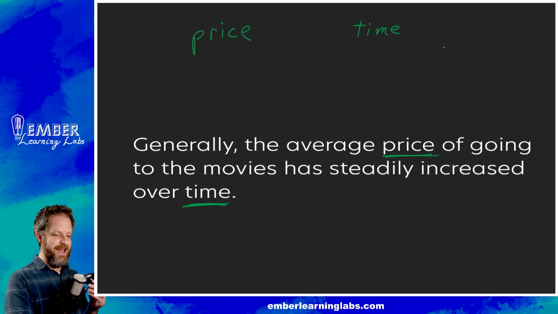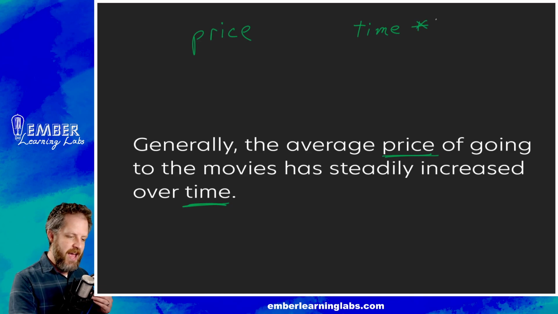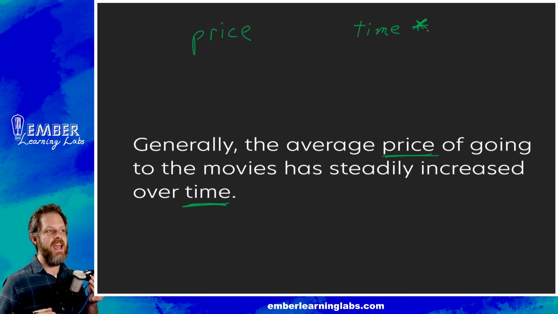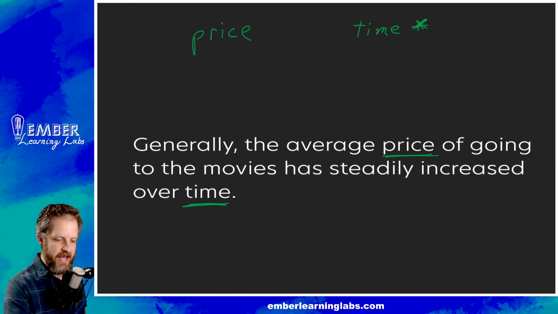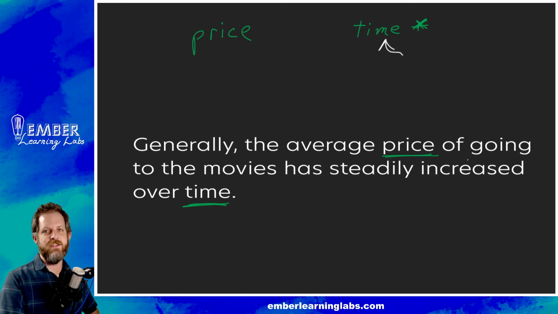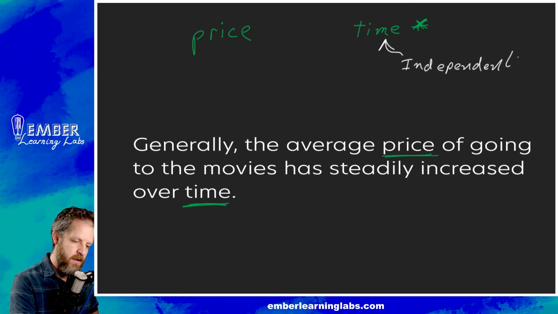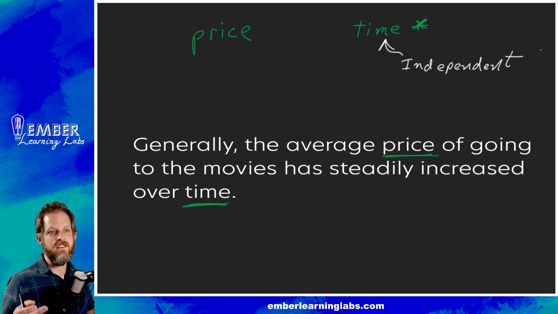Now, time is a special case, and it's special enough that we're going to think about this one a little bit differently. Time is almost always, pretty nearly every time, the independent variable. I can't think of an example where it wouldn't be. I'm tempted to just say it is always, but then somebody's going to have some weird counterexample that I'm not thinking of. But time is pretty much always the independent variable, because we can't change time.